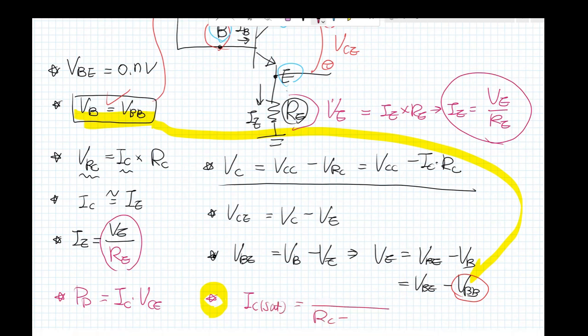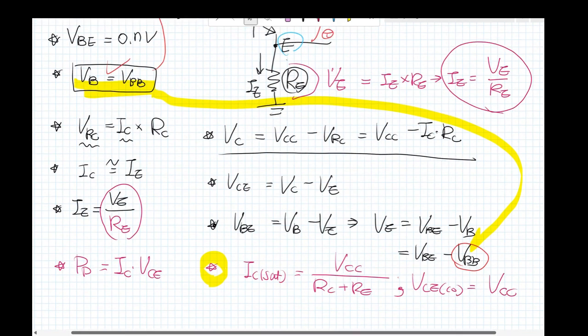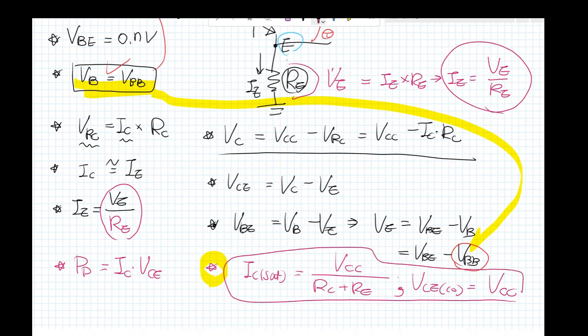They add the resistor of the emitter, V sub CC over R sub C plus R sub E. And the cutoff V sub CE voltage is the same. This is the collector part, the voltage supply. That is also very important.